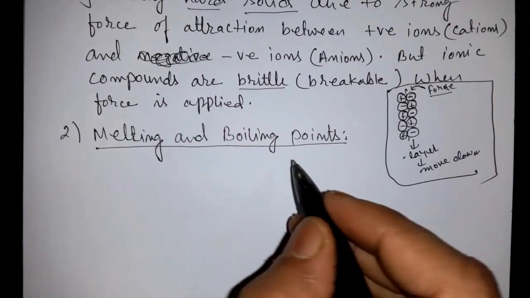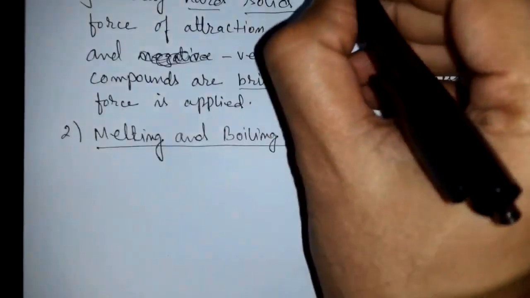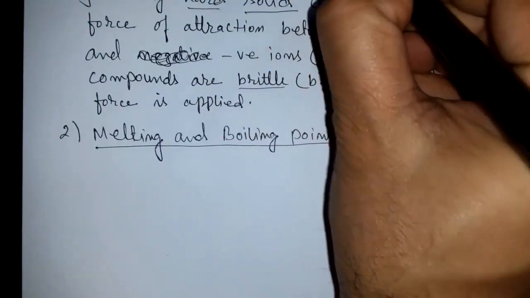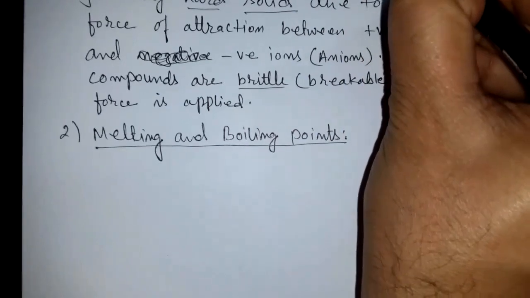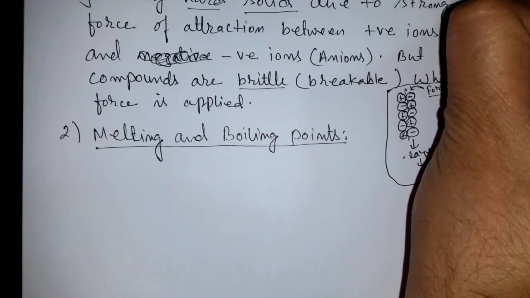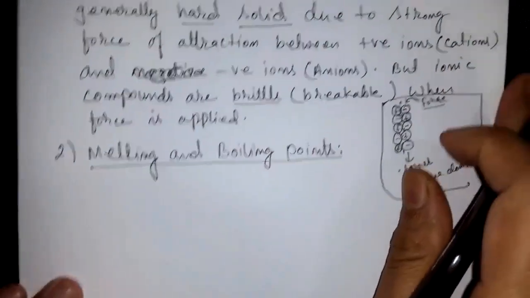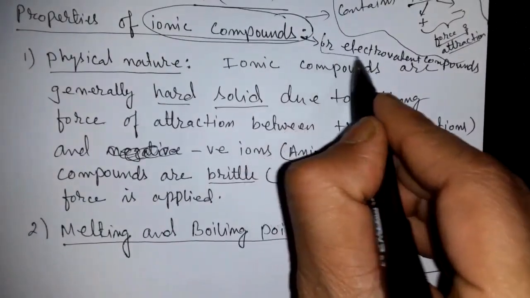Okay, so under melting and boiling point, we can just say that the other name of ionic compounds is electrovalent compound.